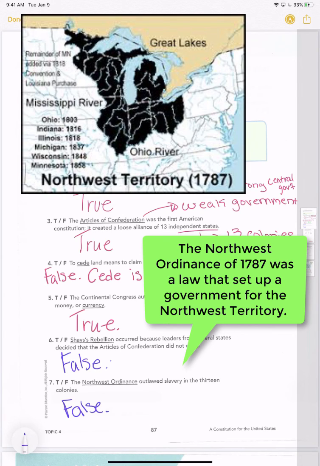So it did not really outlaw slavery in the 13 colonies. Slavery was still going on in the 13 colonies. We know that because of the Three-Fifths Compromise, one of the compromises and plans that were debated and argued during the convention. Clearly the Three-Fifths Compromise did not end slavery.